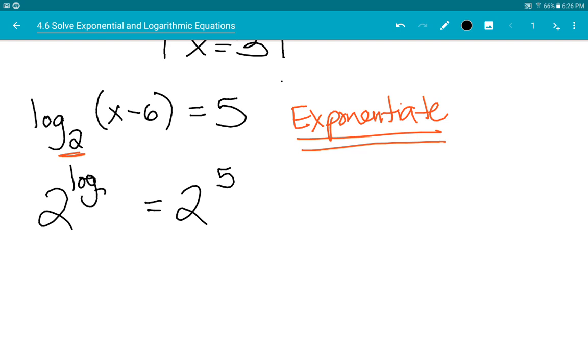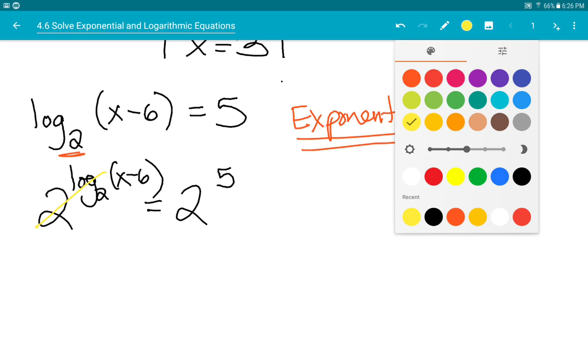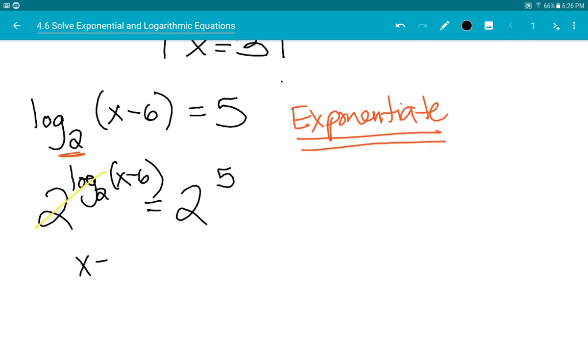Now, on the left-hand side, when you have 2 raised to the power of log base 2, since they're inverses with the same exact base, voila, that's gone. So we now have x minus 6 equals 2 to the 5th power, which is equal to 32. The last thing we have to do is add 6 to both sides. So we get, not 8, 38.